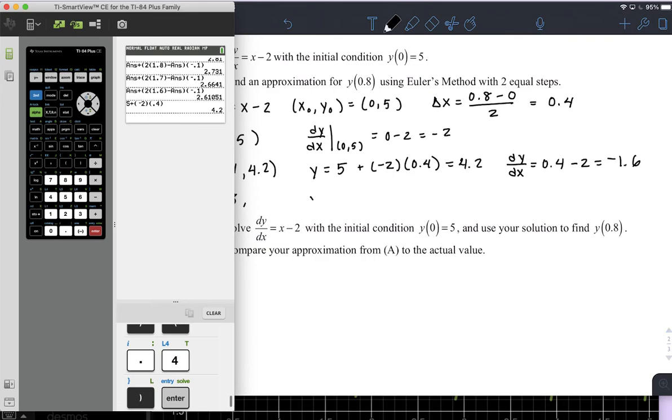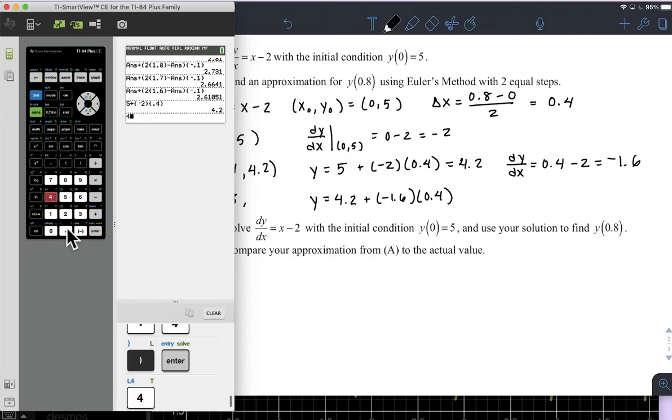So to find this final y coordinate, I'm going to do my previous y coordinate plus negative 1.6 times 0.4, and then I'm just going to type that in. So I'm going to get 4.2 plus negative 1.6 times 0.4. And that is going to give me 3.56.